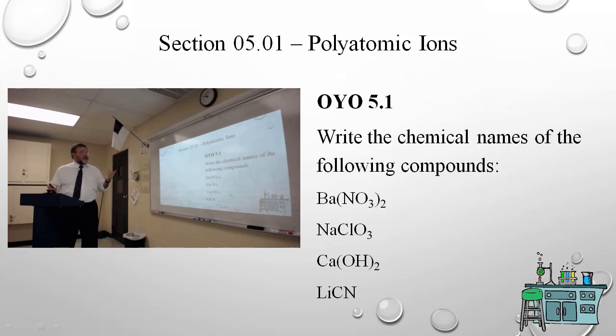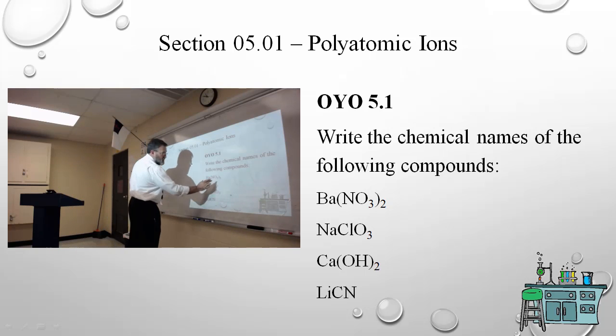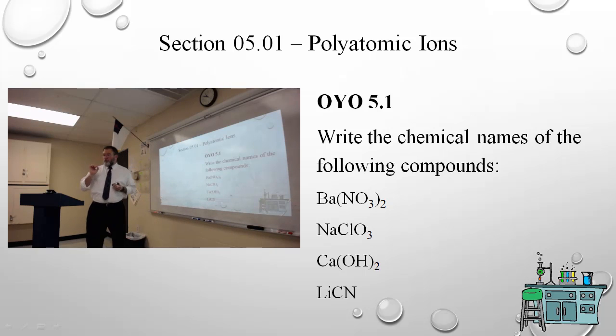So on your own 5.1 asks the question to name the following compounds. Okay? So remember, we're talking about an ionic compound, right? An ionic compound that has within it a covalent structure. The covalent structure here, where there's more than one, is included in parentheses. Where there's not more than one, the parentheses are not there.